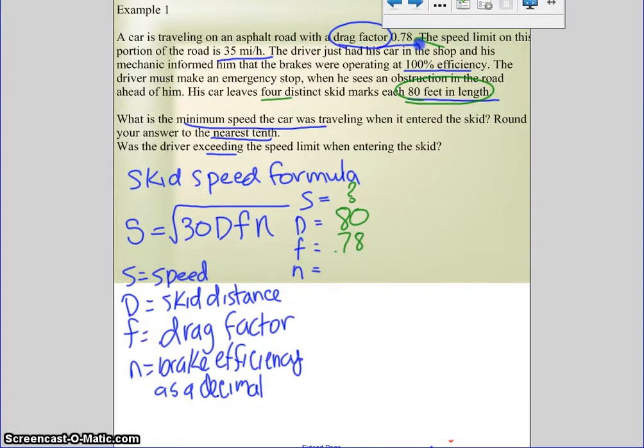And the brake efficiency as a decimal, remember 100%, move the decimal over twice. I'm looking at 1 for N. Plugging that into my formula, I've got 30 times 80 times 0.78 times 1, and it's the square root of all of those values.